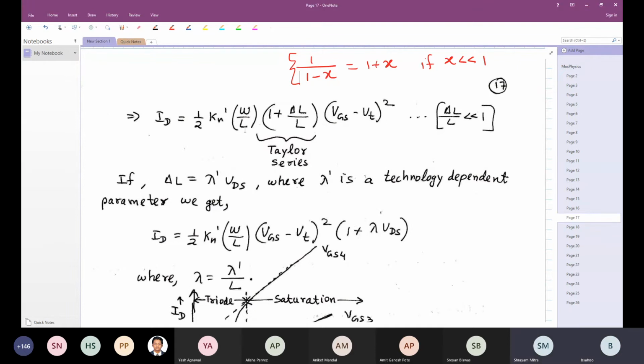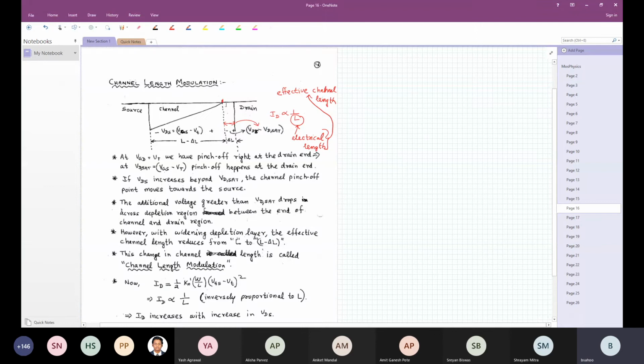Correct? Yes, sir. Now, what happens is that when you change the channel length, the carrier goes through the effective channel length, where it is going through a drift, and after that it gets sucked into the drain. So effectively, although the distance is L, the time when it is going from here to here is not like it is mu times E at that point.